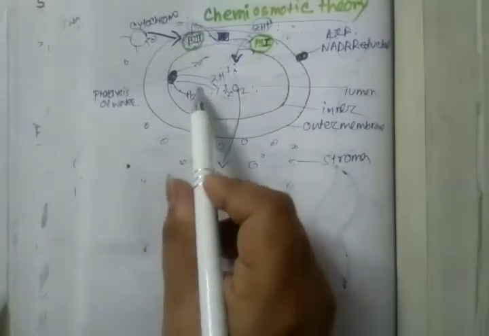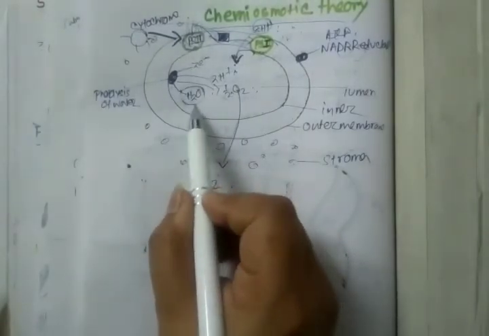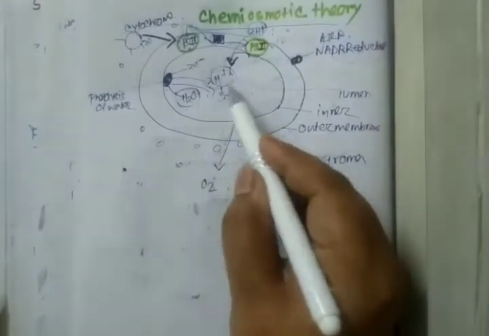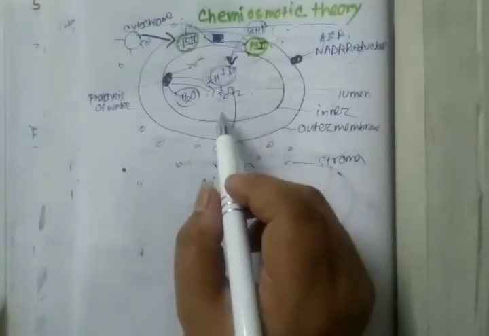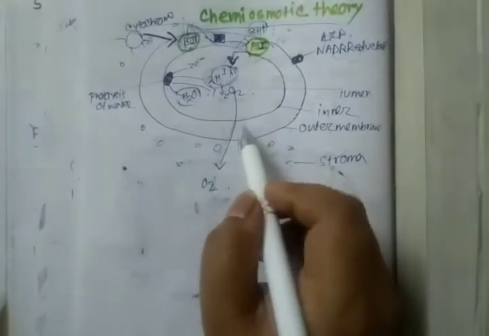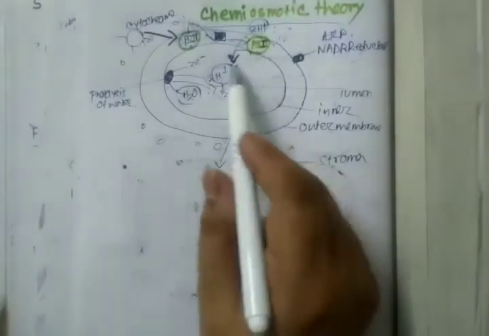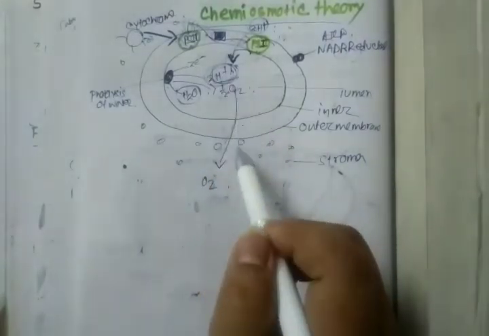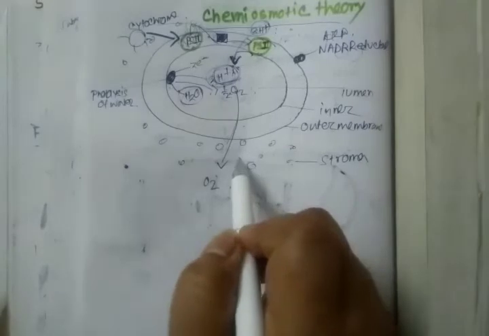So there are two processes. Photolysis of water is taking place and the lumen is highly concentrated with protons. This proton will tend to come back to the stroma because here is accumulation of the proton, so it will be transported to the stroma.